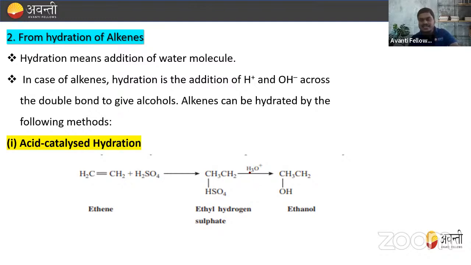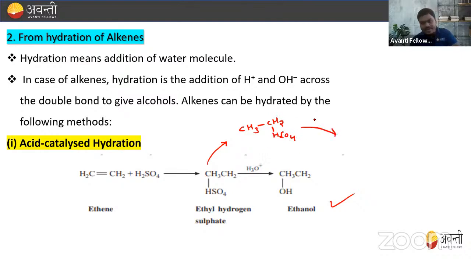Now, in the next step, if we do the hydrolysis of ethyl hydrogen sulfate, what will you get? You'll get ethanol. Always remember this. Here is a correction: the HSO4 is attached to CH3CH2.